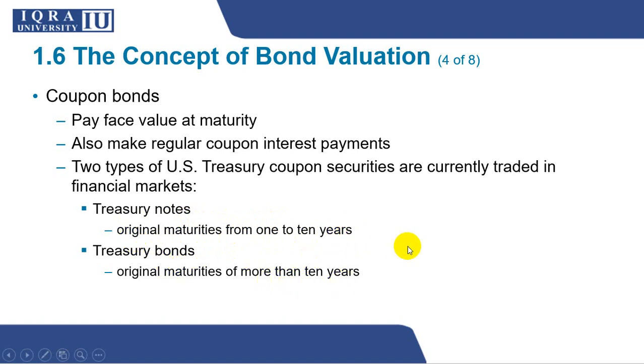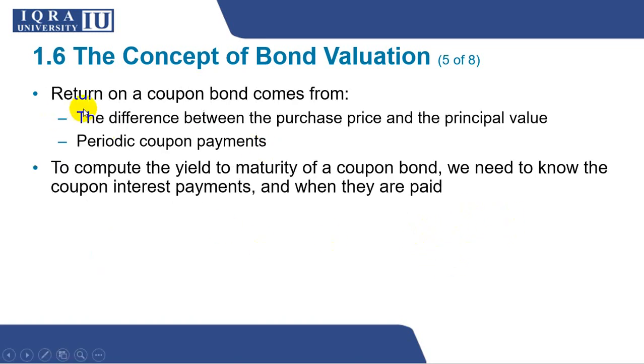This is for example in the US. We can also see in the Pakistani market what bonds are issued. The return on the coupon bond comes from the difference between the purchase price and the principal value.